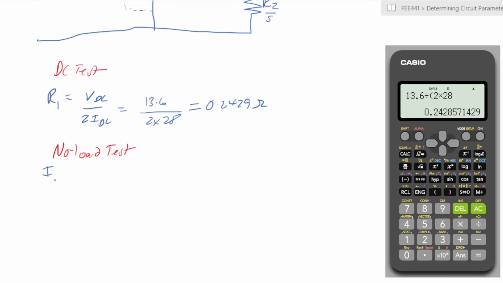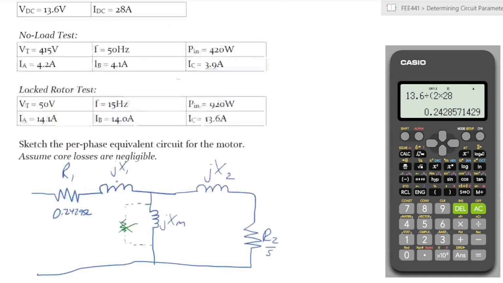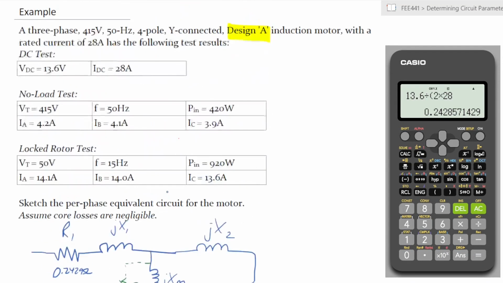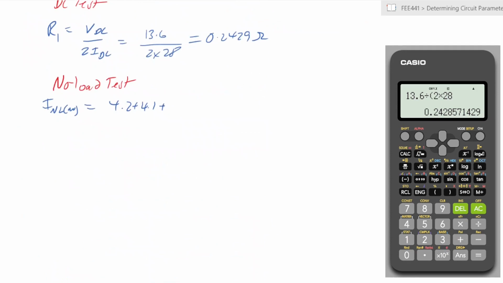So no load average current is given by 4.2 plus 4.1 plus 3.9, and the average of those. So that is roughly 4.0667 amps.